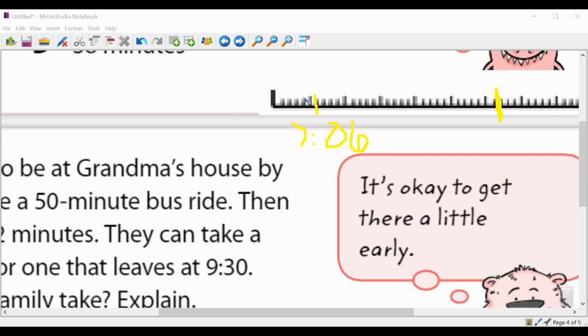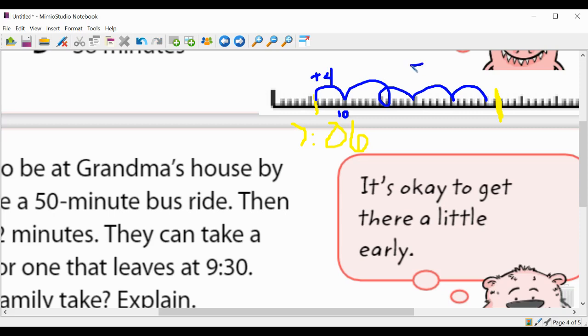So, how long will it take me to get up to 7:10? Well, that's gonna take me a jump of plus 4, okay? Now this is 7:10, and I'm trying to get up here to 7:32. 5, 5, 5, 5.